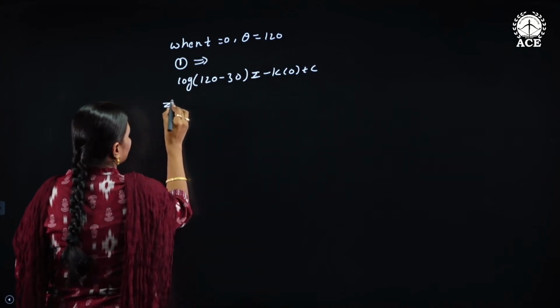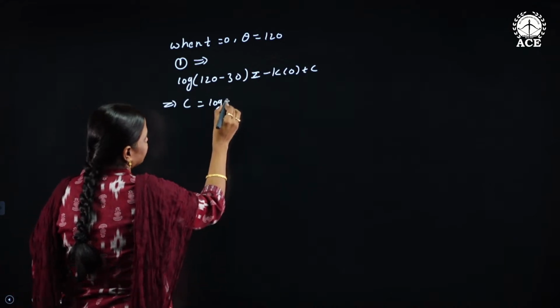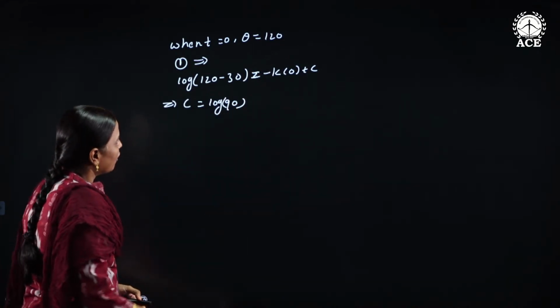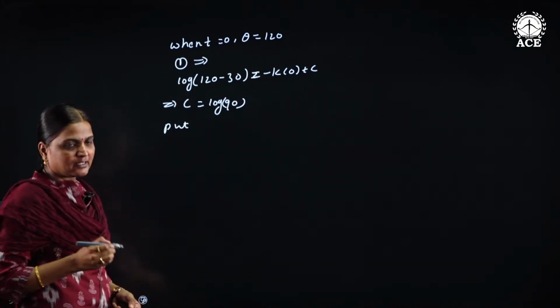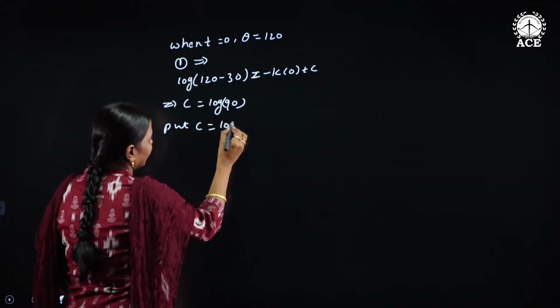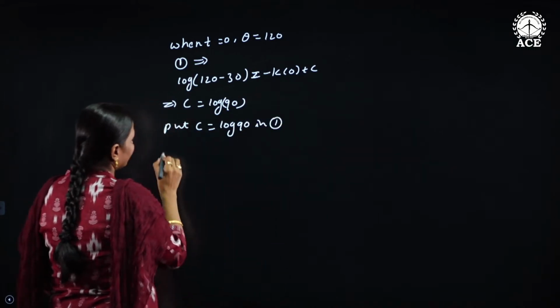So from this equation, c is equal to log of (120 minus 30), that is equal to log 90. So c is equal to log 90. When we find the constant value, apply the successive substitution procedure. Put c is equal to log 90 in equation 1. So what is equation 1?